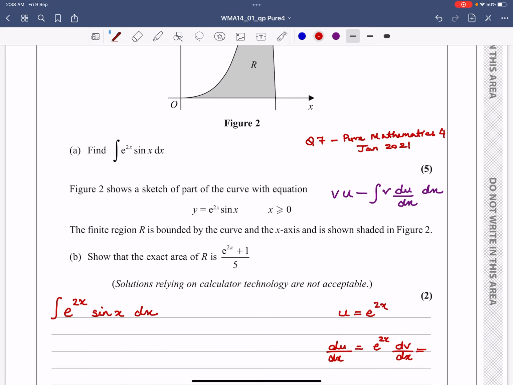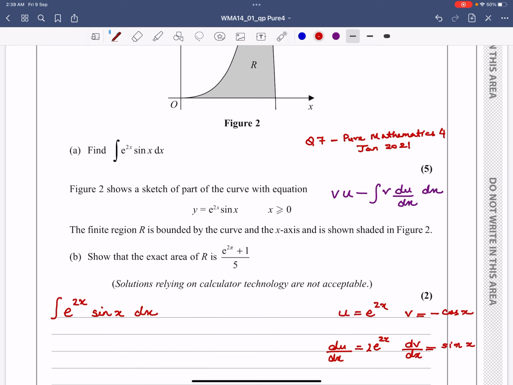The differential of 2x is 2. So the differential of e to the power of 2x is 2e to the power of 2x. On the other hand, dv/dx will automatically be the other component, which is sine x. If dv/dx is sine x, I should be able to easily integrate this to find v, and I know that the integral of sine x is minus cosine x.